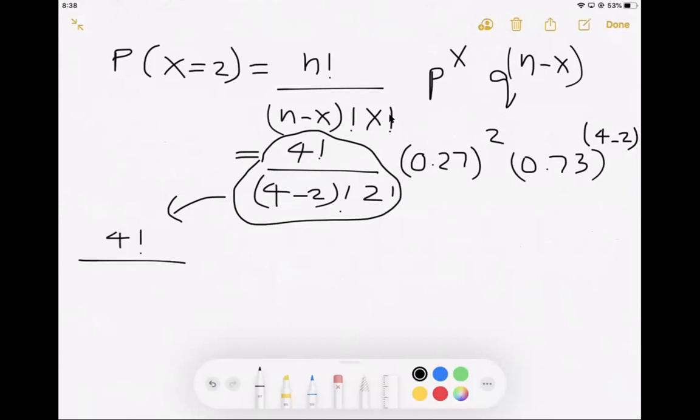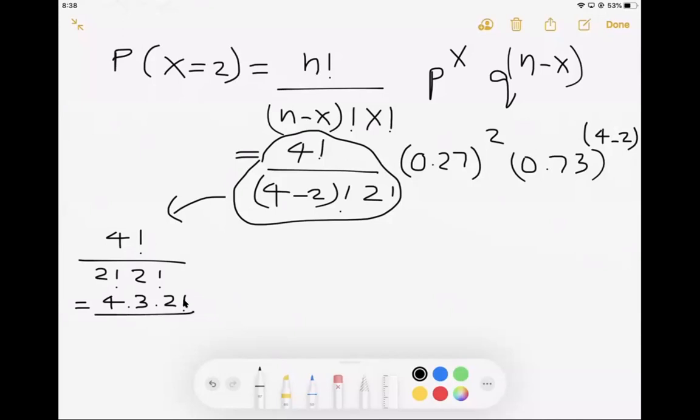4 factorial divided by 4 minus 2, which is 2 factorial, again 2 factorial. Now I told you here we have 2 factorial, so if you write this with the factorial symbol, then we can cut. How can we do that? We know 4 factorial means 4 times 3 times 2 factorial. 2 factorial means 2 times 1, so 4 factorial is 4 times 3 times 2 times 1, but we can write 2 times 1 as 2 factorial.